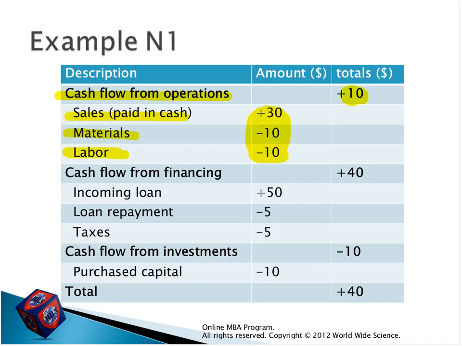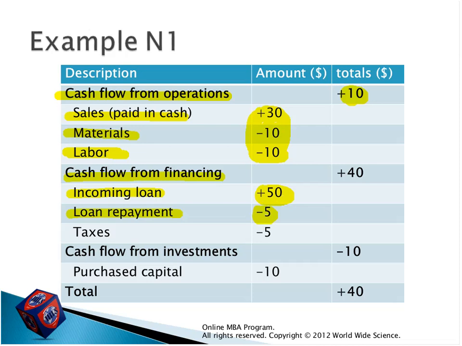Next, the cash flow from the financial part. For example, an incoming loan. That means we have got some credit from the bank in cash, so it comes into the company's accounts at $50. Next one, loan repayment. That means we paid some commissions and interest on the credit, $5, which comes with a negative because it is a cash outflow.